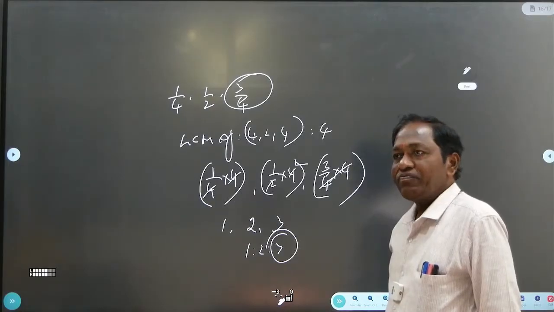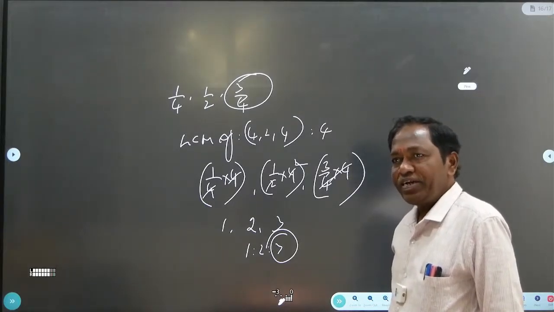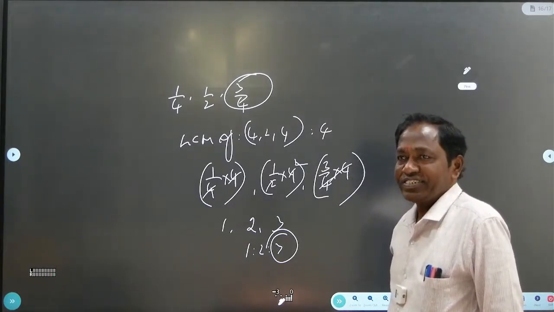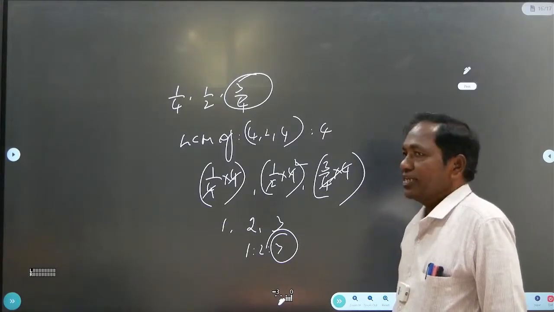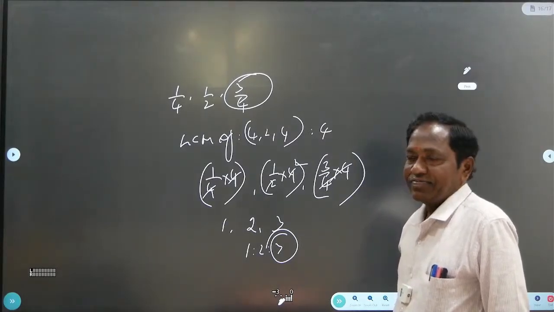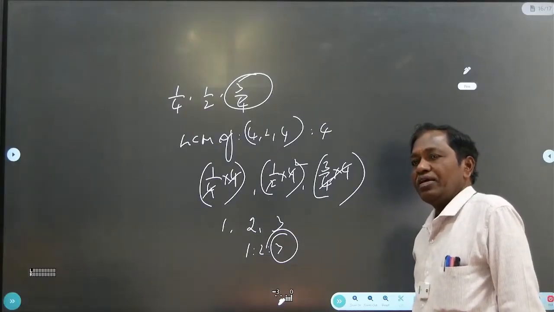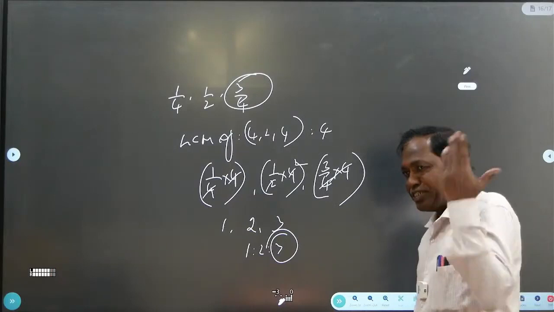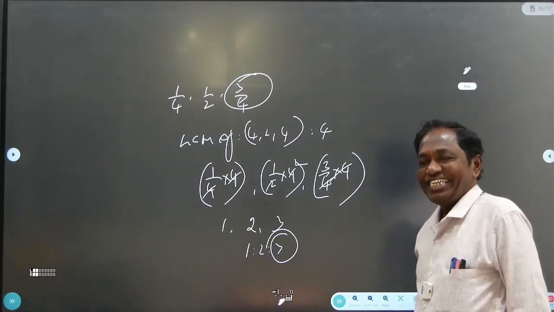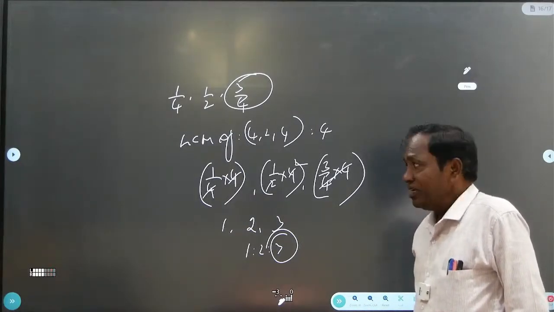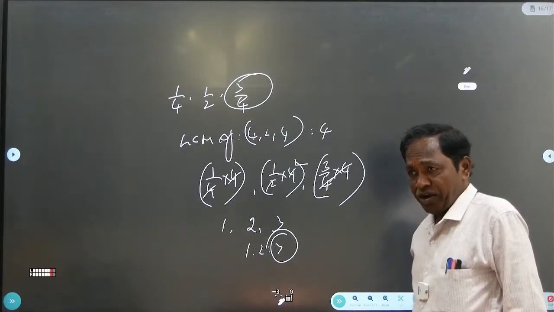The LCM of the denominators must be multiplied with each fraction. The whole of aptitude requires this. It is also essential. It plays a vital role.